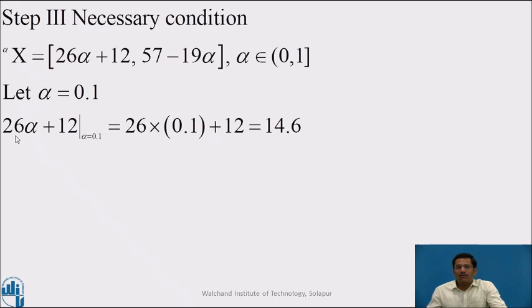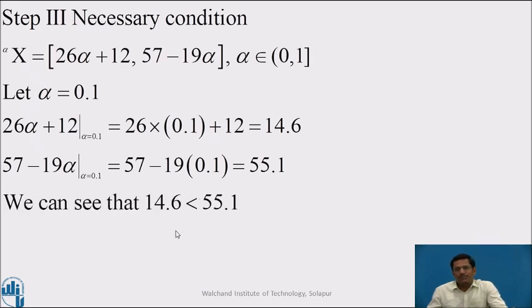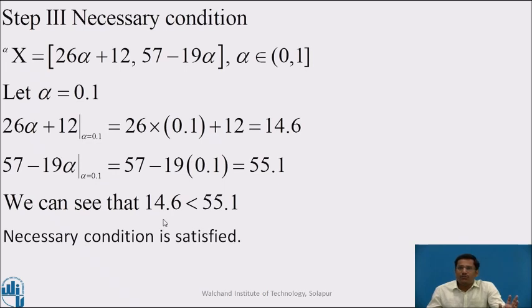The initial point takes the value 14.6 and the end point takes the value 55.1. We can easily see that the value of the initial point is less than the value of the end point. As it is true for any arbitrary alpha, we can say that this condition holds in this range. So we can say that the necessary condition is satisfied.